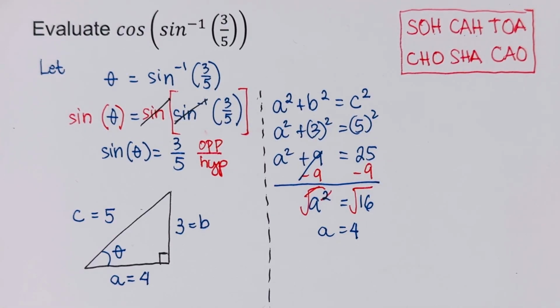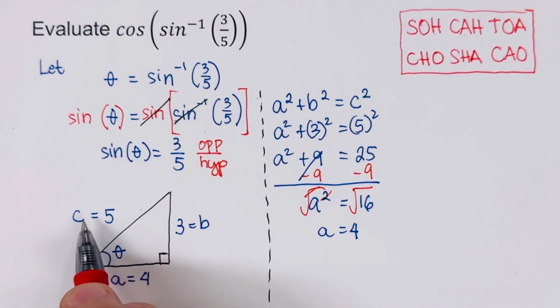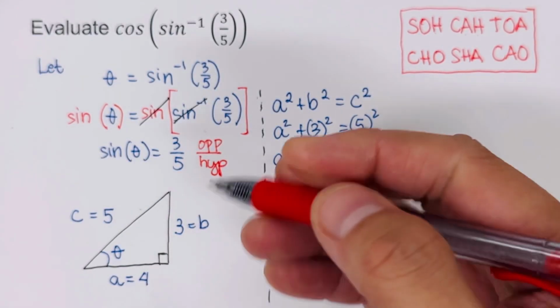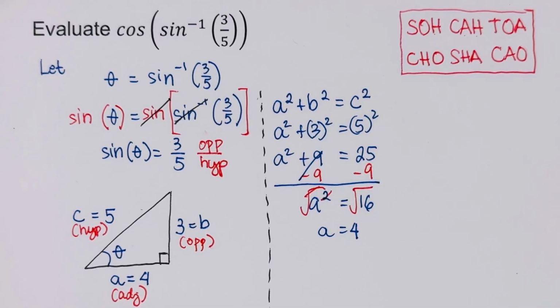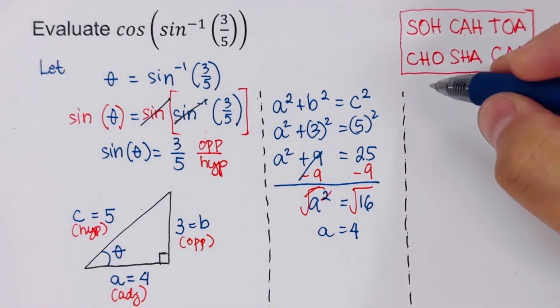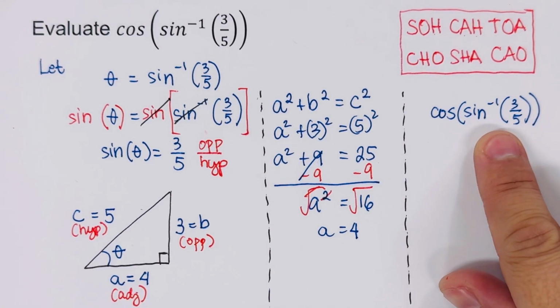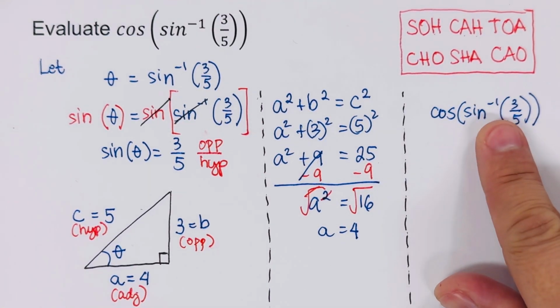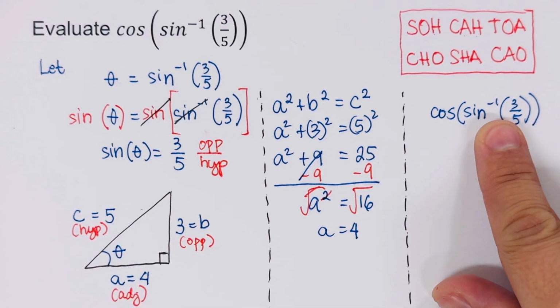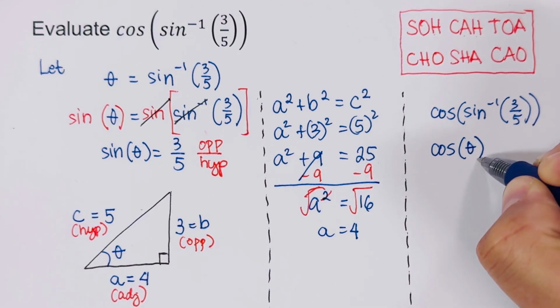Now let's label this given triangle that we have right here. This is again our opposite, this is our hypotenuse, and this is our adjacent. I'm going to go ahead and rewrite this given expression up here. We remember that we have defined this expression inside the parentheses as our theta, so that we can go ahead and say that we're looking for cosine of theta.